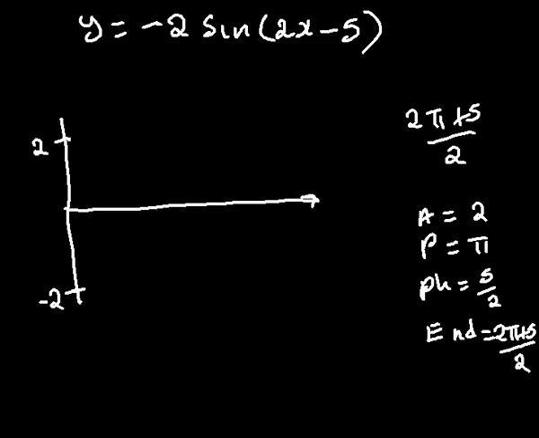And the graph is ending at 2 pi plus 5 divided by 2, and the graph is starting from 5 over 2. It is no longer starting from 0 because the phase shift is given as 5 over 2.